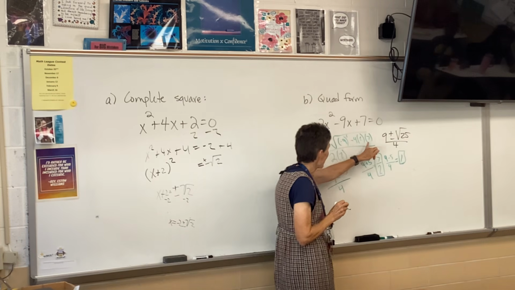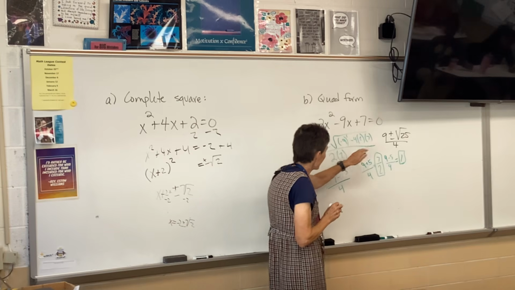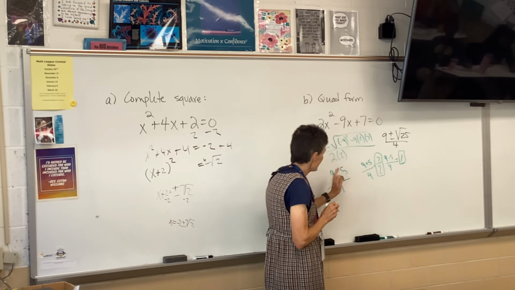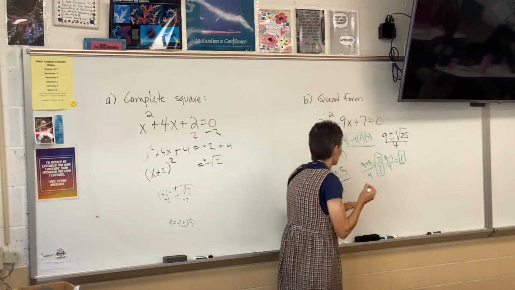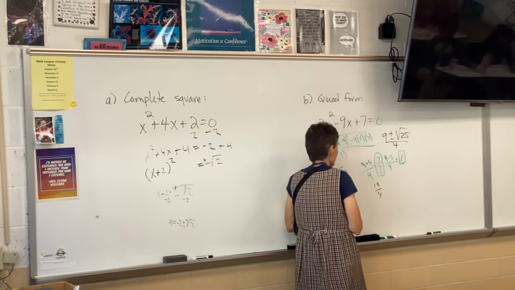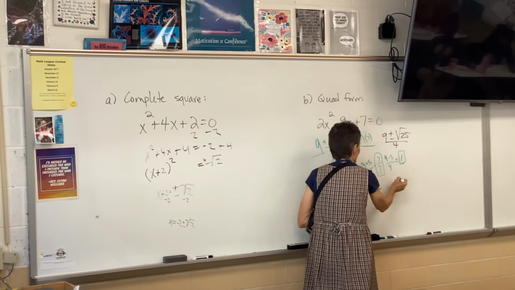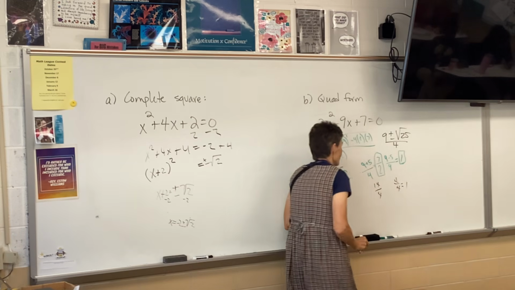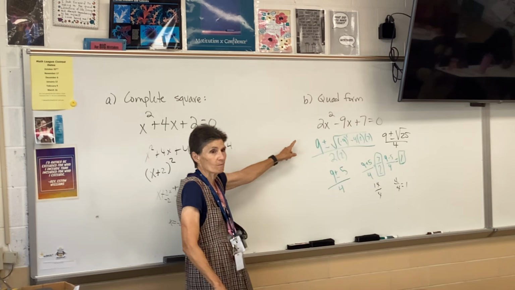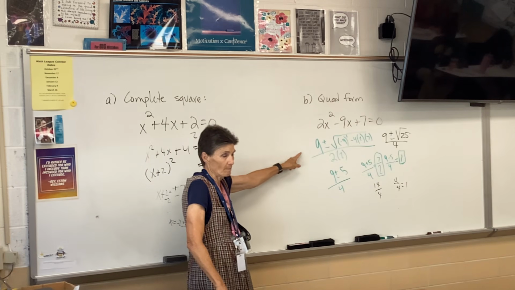When they did this math right here, they got 25. And the square root of 25 is 5. So 9 plus 5 is 14 over 4, which they reduced to 7 halves, and 9 minus 5 is 4 over 4, which they reduced to 1. Anybody have a question about the quadratic formula problem?